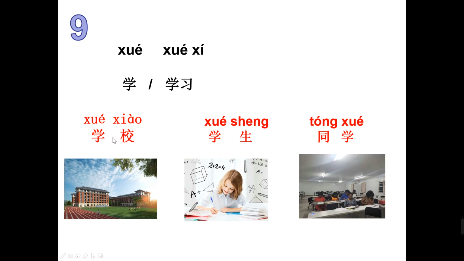So we can find that because these three words all are related to study, so we can learn a new word 学 or 学习 It means to study and 学习 can be a verb and can be a noun.